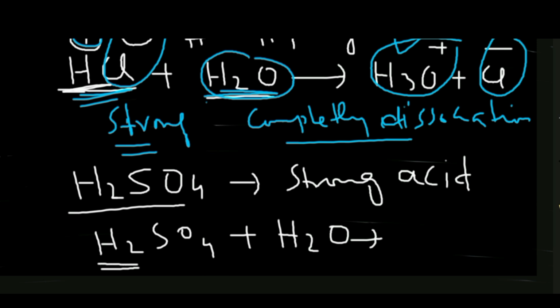So it will give two hydrogen ions instead of one, and it will also give sulfate, which has a valency of -2, because when sulfuric acid is dissociated, it gives two hydrogen ions and one sulfate.